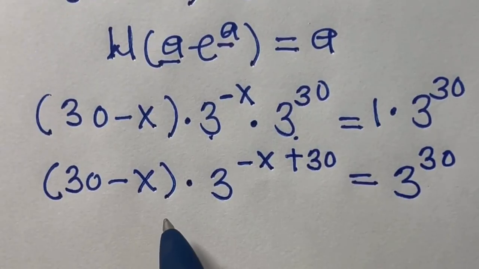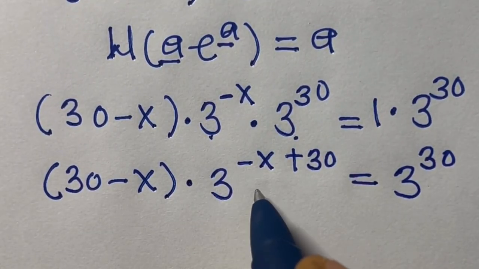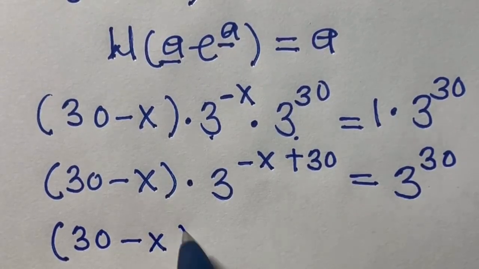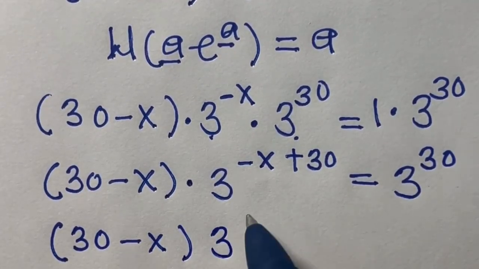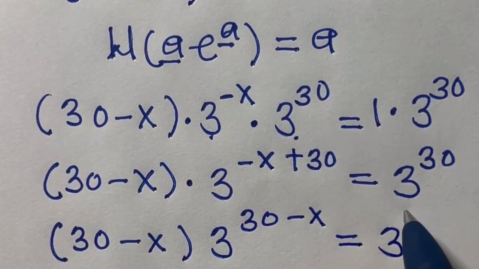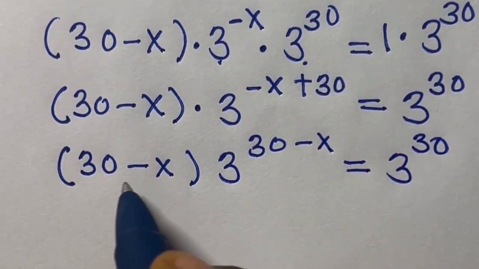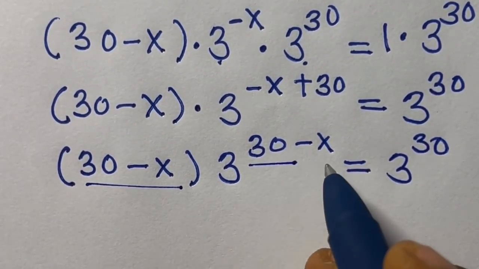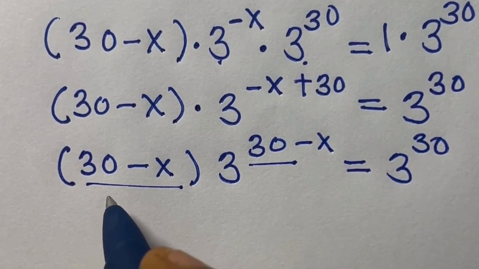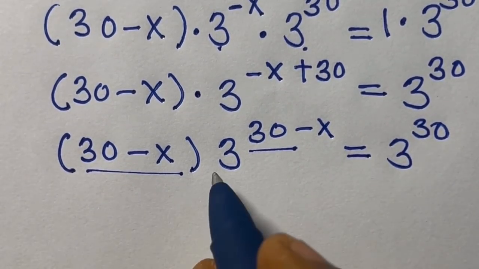Alright, so since we have this now, we can write this as 30 minus x, then 30 minus x equals 3 raised to power 30. So if you look at this, you see that this base and this power are now the same. So now we have to apply the Lambert function.